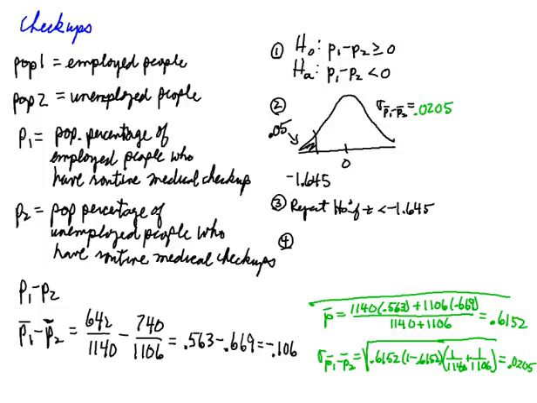Step 4, my test statistic Z is 0.563 subtract 0.669. Subtract what I'm testing against, 0, over 0.0205, which I just calculated as my standard error, negative 5.17.